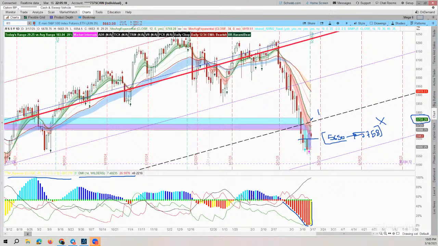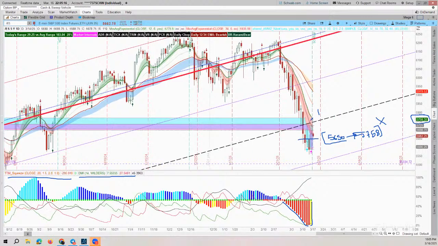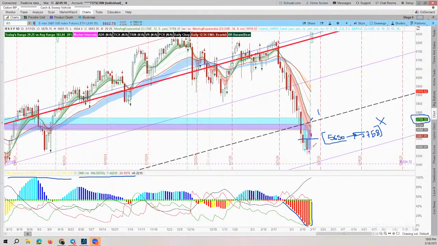Right now it is 56.62; if it comes 12 points lower, I'll be more than happy to entertain a long. If I have to short, I want to short below this area, which is 56.35. If 56.35 does not hold, then again it will attempt the lows again, which is 5559.